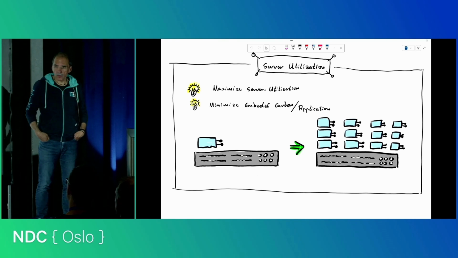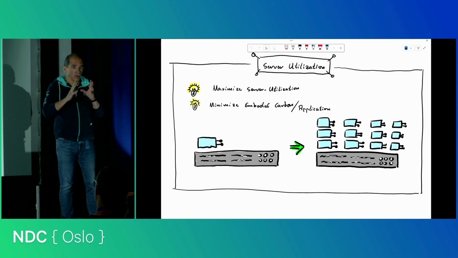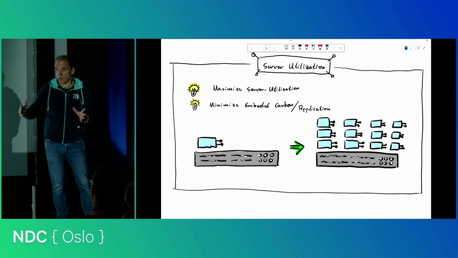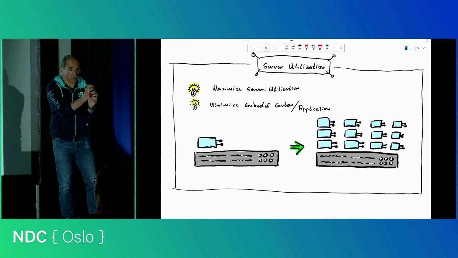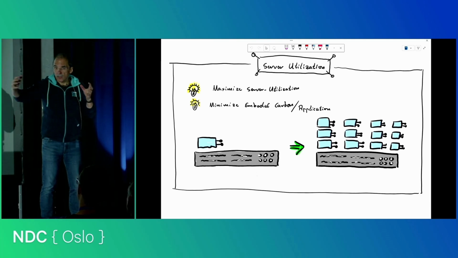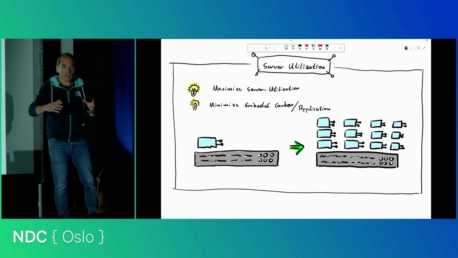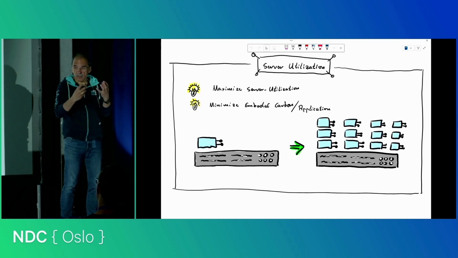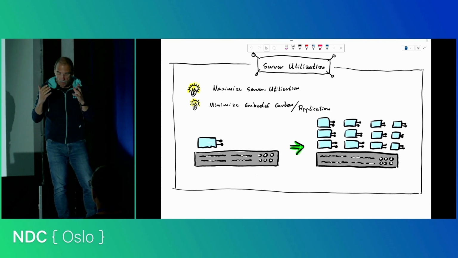Server utilization means how many applications you are running on one server, so how many applications share this embodied carbon. If you increase the number of applications on one server, every application needs less embodied carbon.